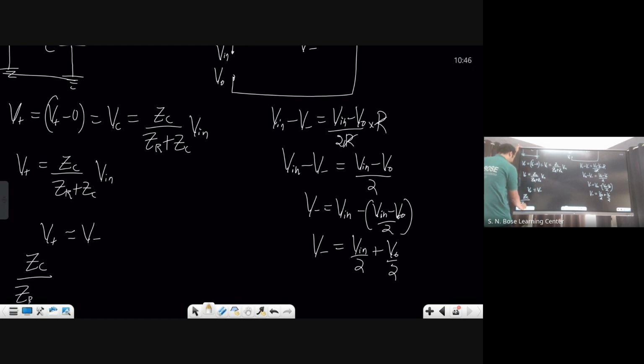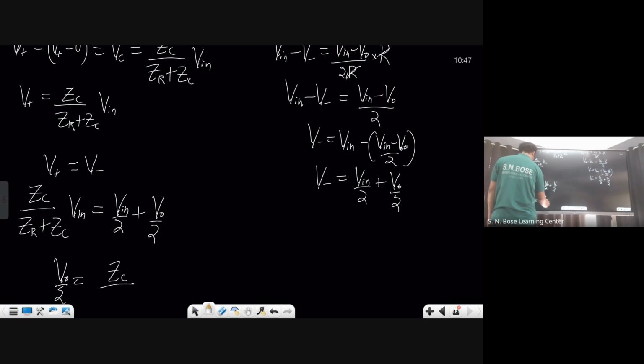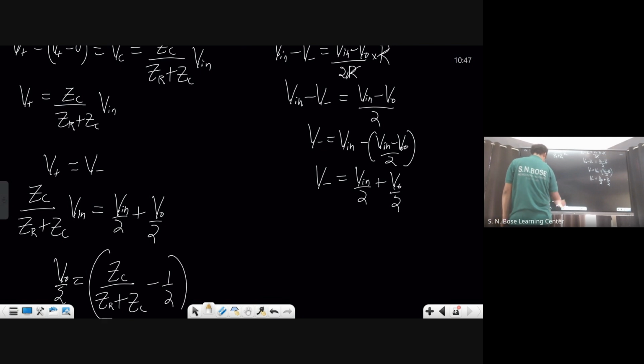ZC by ZR plus ZC into V in is equal to V in by 2 plus V naught by 2. Is that algebra right? Yeah. Then if I take V naught by 2 to one side, that is equal to V in outside, ZC by ZR plus ZC minus half, into V in. Am I right?